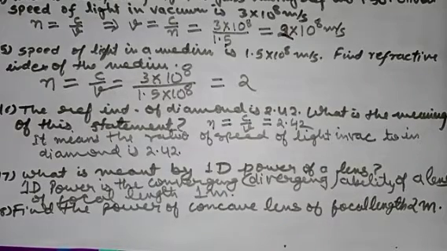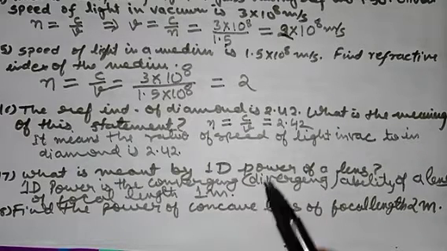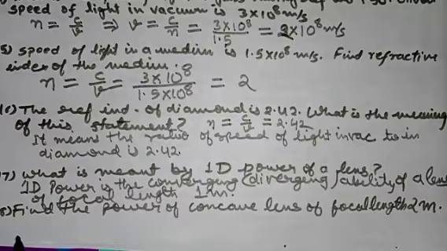You can directly write: 1 diopter is the power of a lens having focal length 1 meter. But this can also be the answer. This is more accurate, but with both you will get full marks. And of course this question carries 1 mark only.